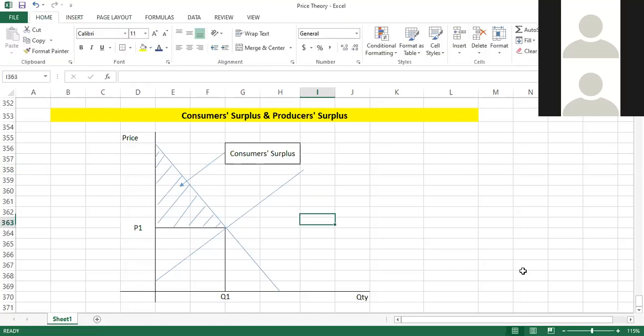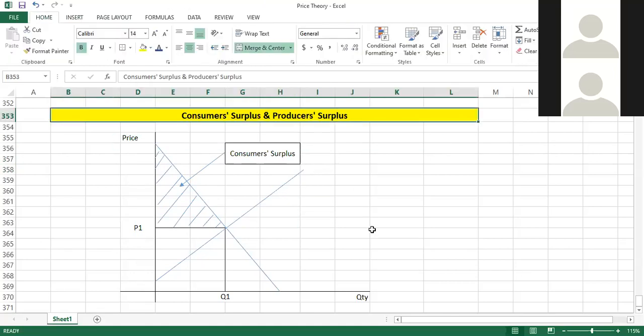And the similar concept we can apply for the producer. What is the meaning of producer surplus? When the seller is trying to sell a particular product, there is a price the producer is willing to sell this product at. Suppose one seller is going to market with some vegetables grown in his farm.